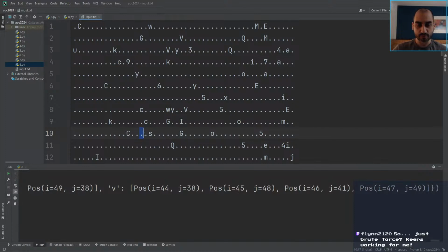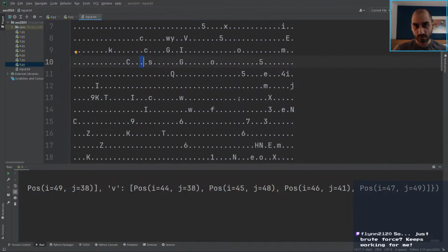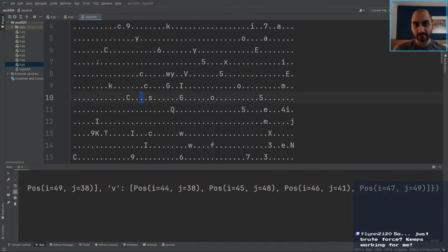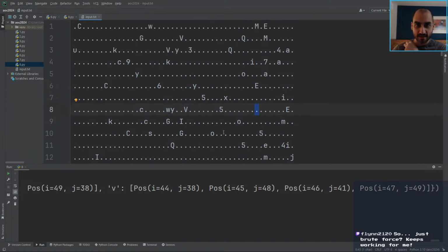True brute force will probably be iterating over all possible points where an antinode could be, and then also iterating over every pair of antennae and seeing if those two antennae are, A, the same frequency, and B, induce an antinode there, which would be a huge amount of complexity.